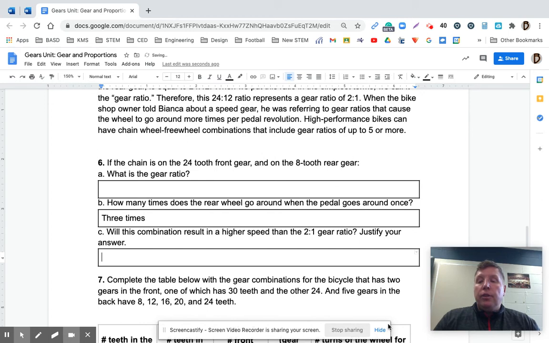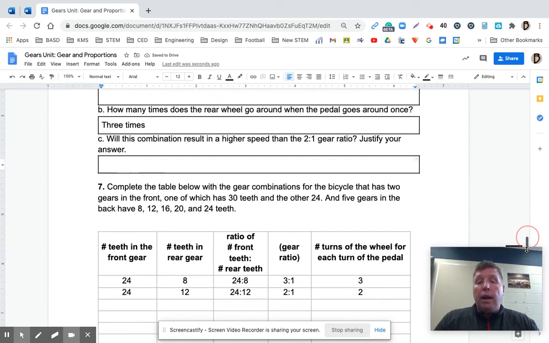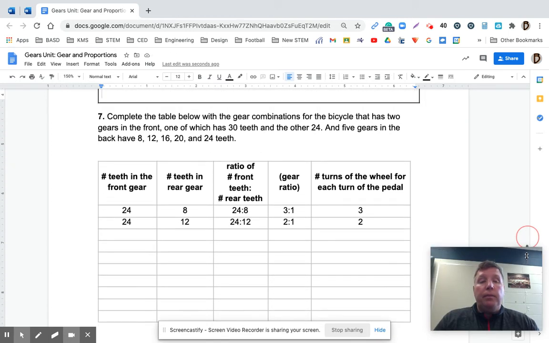Then the in-class work or homework was to work on table number 7 here. It says complete the table below with the gear combinations for the bicycle that has 2 gears in the front, one of which has 30 teeth and the other 24, and 5 gears in the back at 8, 12, 16, 20, and 24. So a couple of these have already been done for you. 24, 8, here's my combination, 24 and 8, reduced to simplest terms.